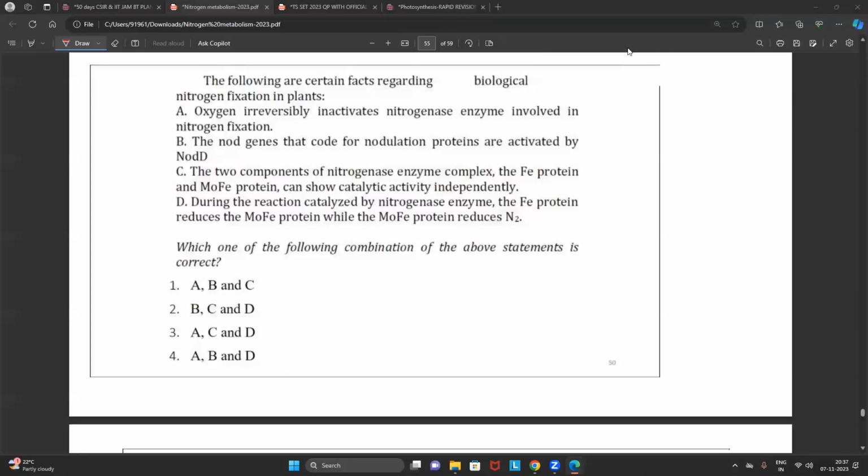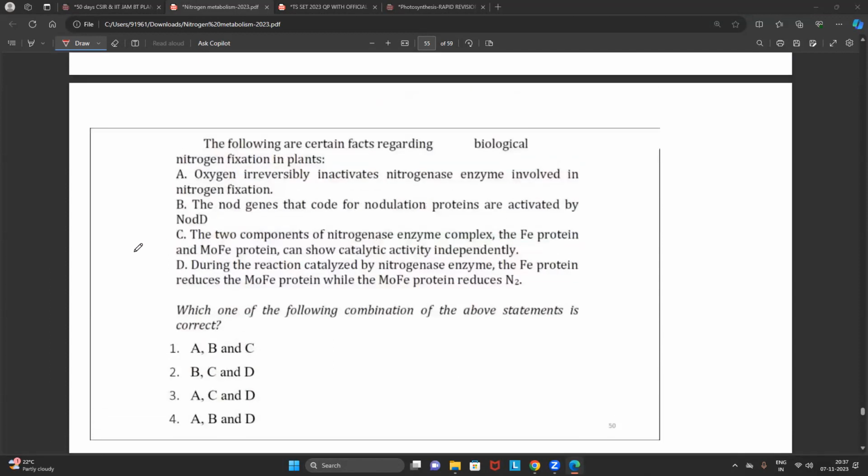I believe you are all reading the question for at least 30 seconds. Please read the question for at least 30 seconds. Don't neglect it. Because of your excitement, you will choose the wrong answers.